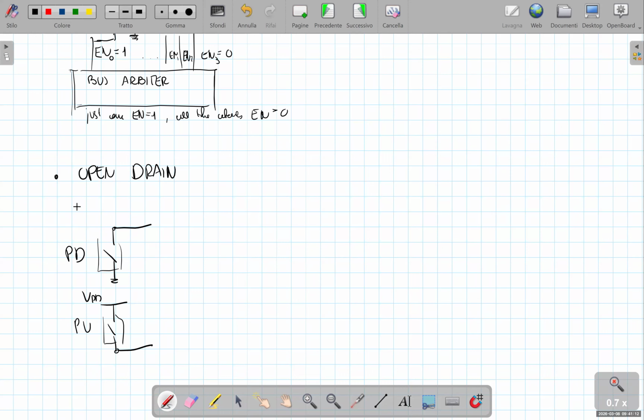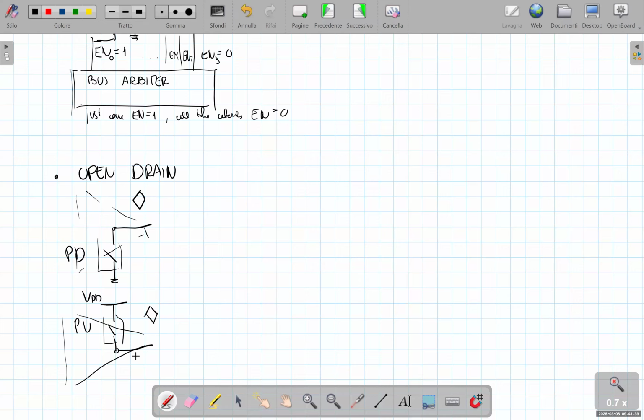So we have our open drain gate. The symbol for the open drain gate is a small diamond close to the output, and we have a single pull-down network or a single pull-up network connected either to ground or to the supply.